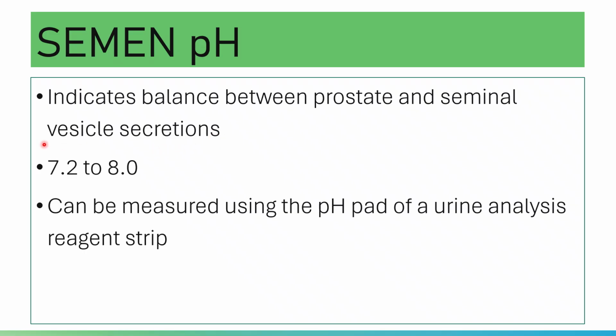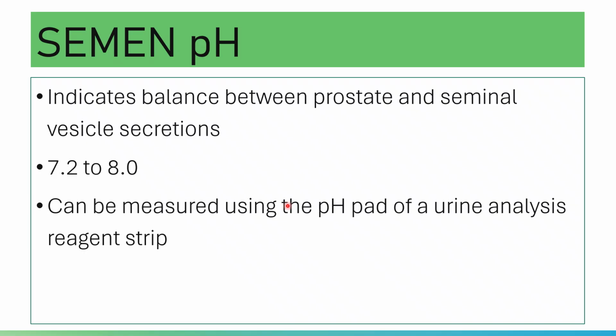A balance between the prostate and seminal vesicle secretions gives the normal pH value of the semen, which is 7.2 to 8.0.